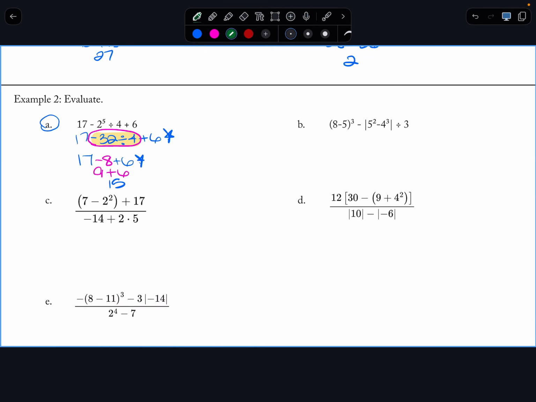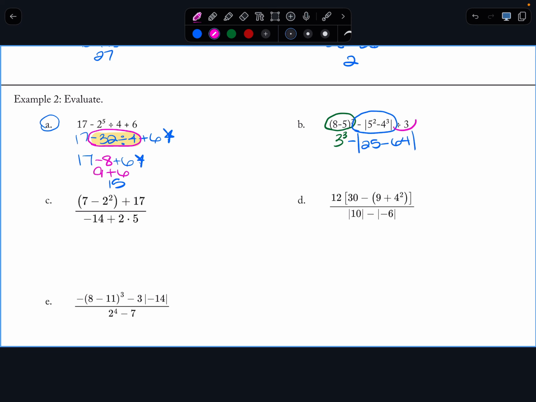Okay, so we're going to do B. And I'm going to do all of my parentheses. We treat absolute value like parentheses also. So my 8 minus 5 is 3, and that's cubed. So I did that one first. Then I do my inside of my absolute value, which is 5 squared, which is 25, minus 4 cubed, which is 64.